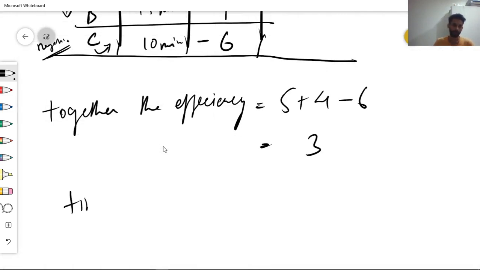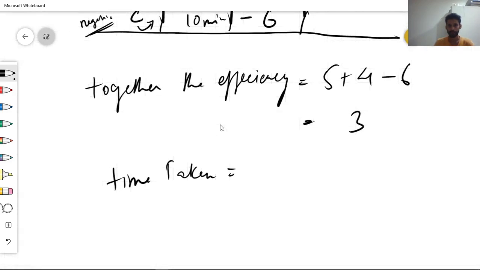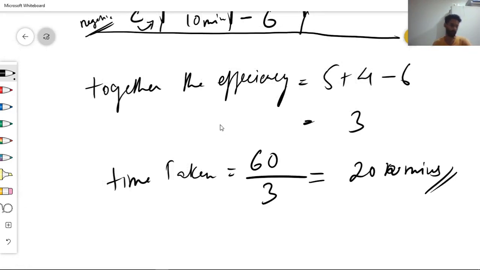Okay, so time taken will be 60 divided by 3, that is 20 minutes. Okay, exercise, let me check this. 20 minutes. Question number 12, it's done.